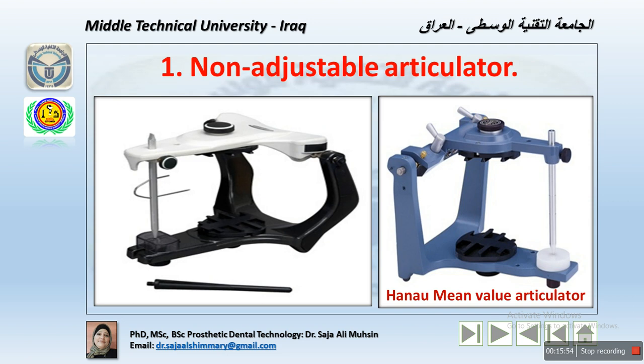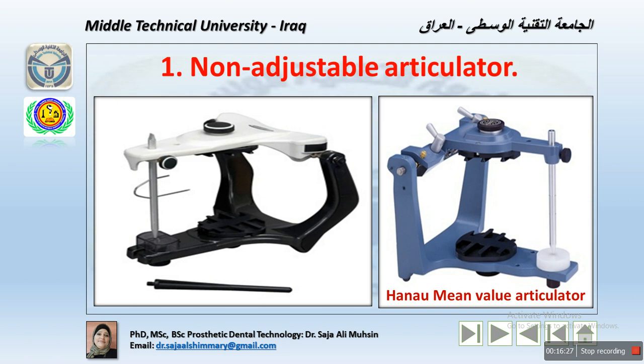Also, we have the incisal guide pin, which rides on an inclined plate in a fixed inclination. So it opens and closes in a fixed horizontal axis, the condylar path is fixed, and the condylar balls simulate the lateral and protrusive jaw movement.